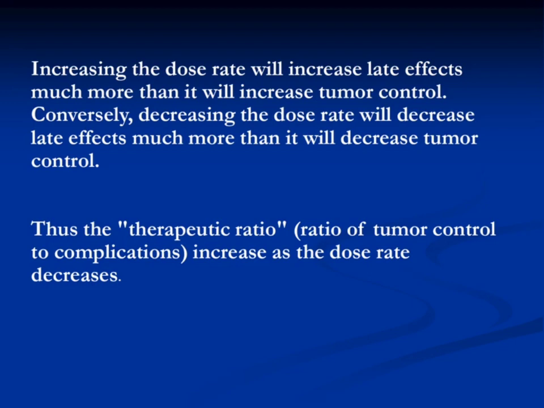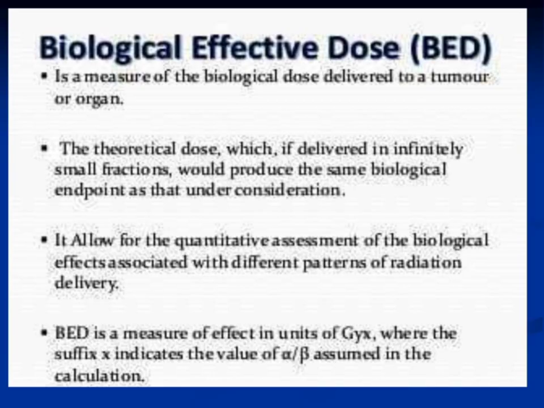The smaller the value of alpha beta, the more the beta dose squared term dominates at radiotherapy doses, resulting in a curvy survival curve, with shouldering. And increasing the dose rate will increase the late effect more than it will increase the tumor control.